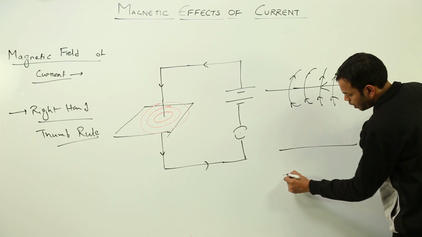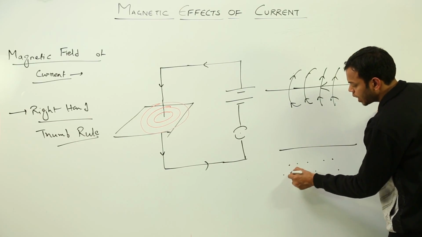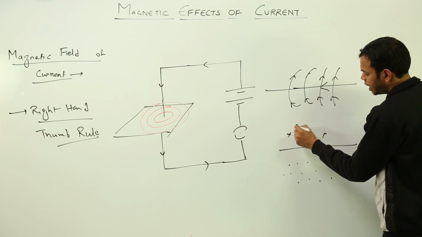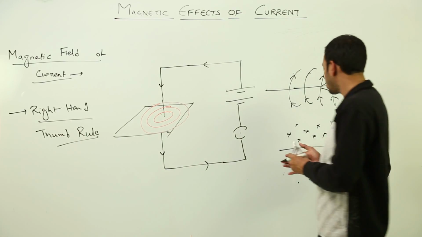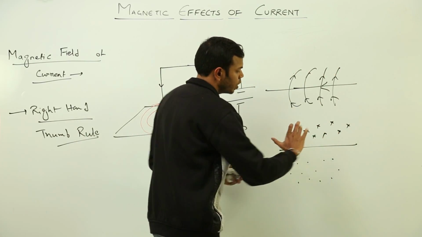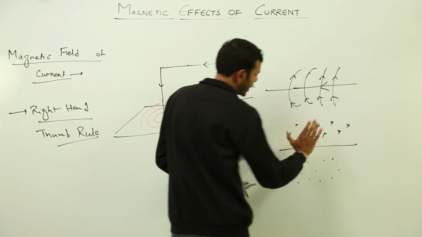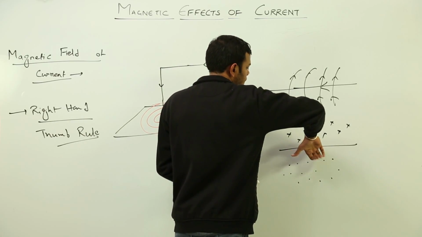So we use dots at the points where magnetic lines of force are coming out, and we use crosses at the points where magnetic lines of force are going inside. Why do we do so? See, by the right hand thumb rule, the direction of current is in this. So according to the right hand thumb rule, the fingers are going inside in this region and they are coming out from this region.